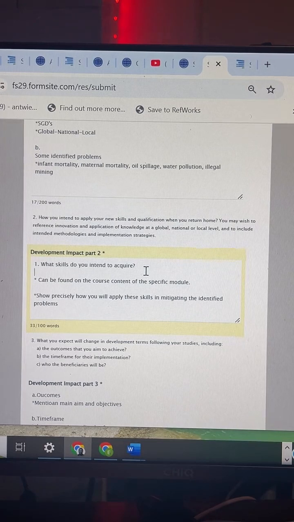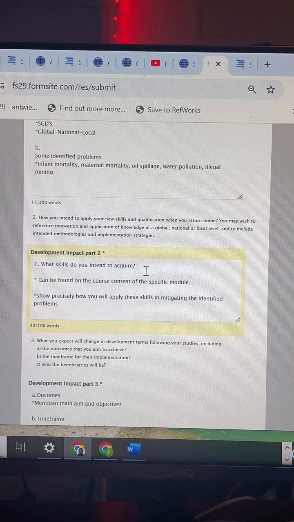And then the next one is the development impact 2. So what skills do you intend to acquire? Now, this candidate will go ahead to mention that this is the reason why they intend to study this specific master's, to be able to gain the specific skill to contribute to reducing teenage pregnancies.